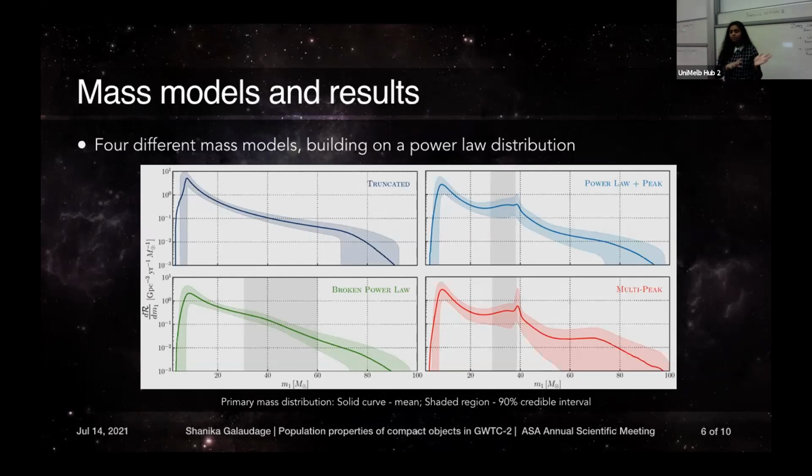I guess it's a bit off track, but to answer your question, we only use a power law for all mass ratio models. It might be interesting to look at this further with more complicated models, to understand if there are different populations with quite distinct mass ratios. But at the moment, no, in this particular publication we only looked at a power law model for mass ratio for all of them.